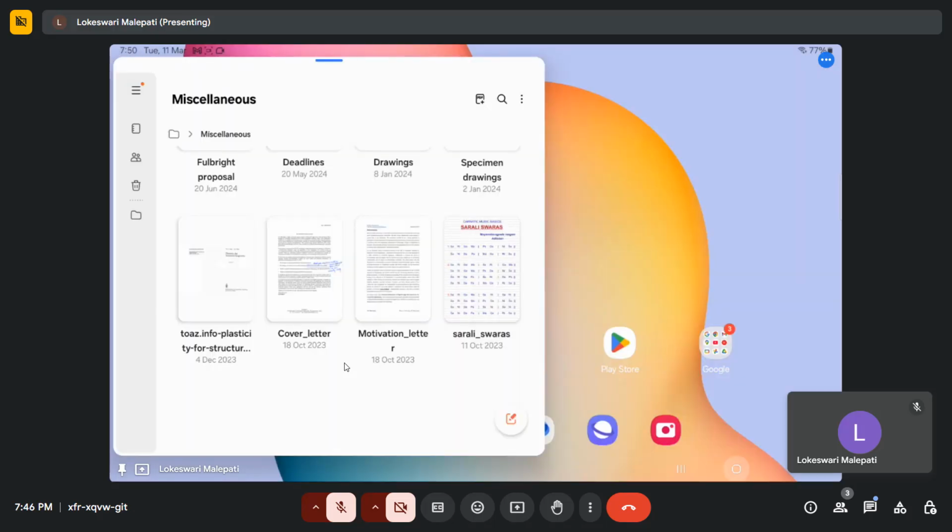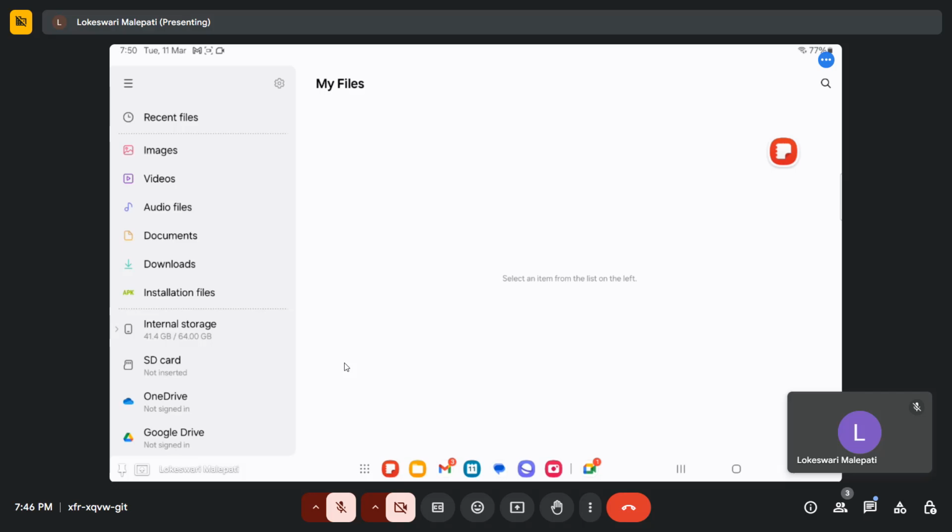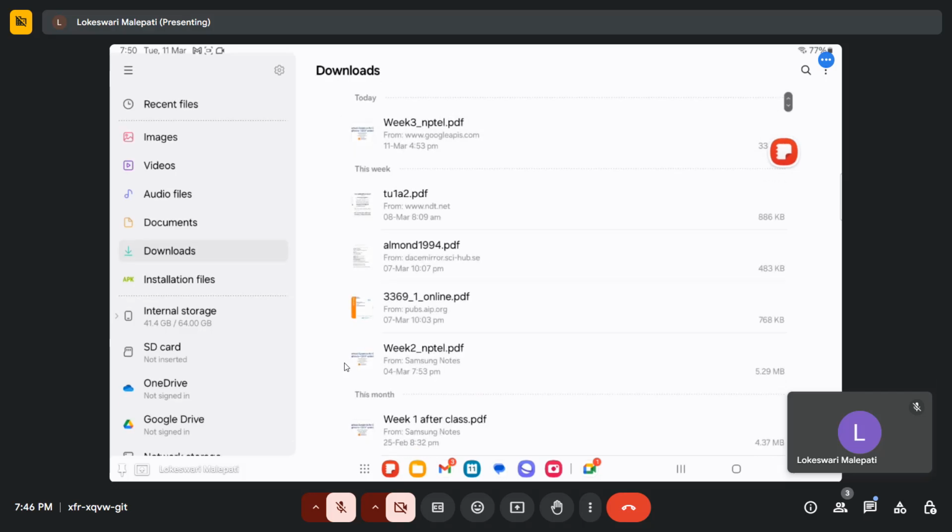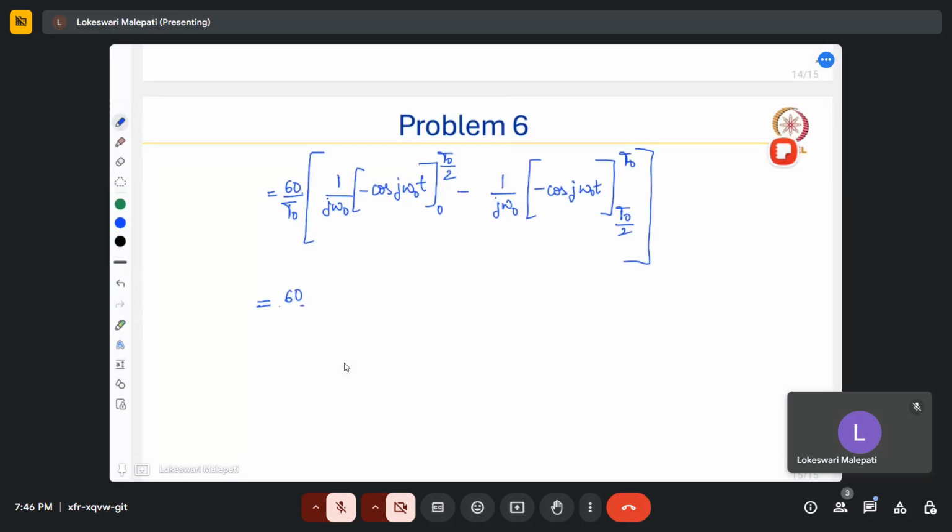let me open that note again. So 60 by, we have 2 pi j again, minus cos j omega naught t at 0, this would be minus 1, and minus cos, we will get pi j, minus, since there is one more minus, we'll get plus cos pi j, because we have already substituted for t.